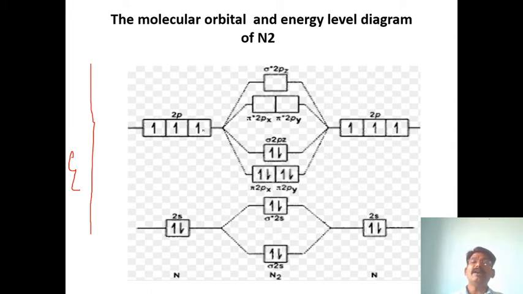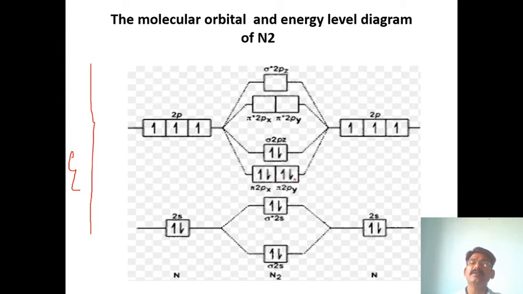In the 2p level, px, py and pz. Two electrons from the px and py orbitals of one nitrogen atom and 2 electrons from the 2p orbitals of the other nitrogen atom are occupied into pi 2px and pi 2py.